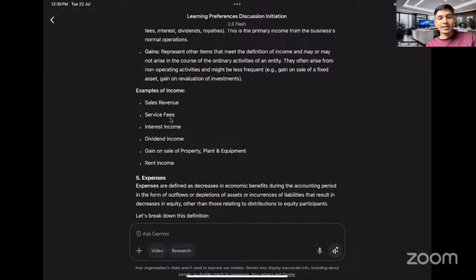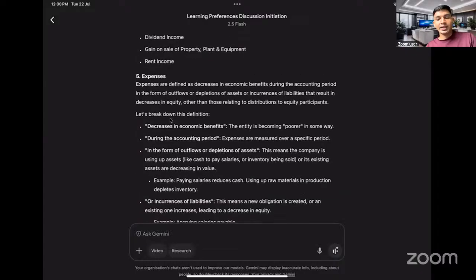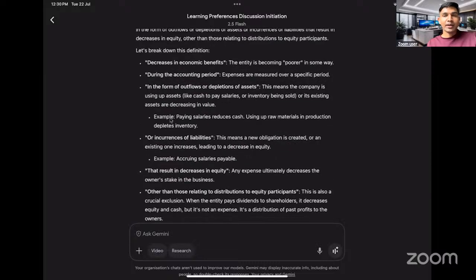Expenses. Expenses are defined as decreases in economic benefits during the accounting period in the form of outflows or depletion of assets or incurrences of liabilities that result in decreases in equity other than those relating to distribution to equity participants. Let's break down this definition. Decreases in economic benefits.